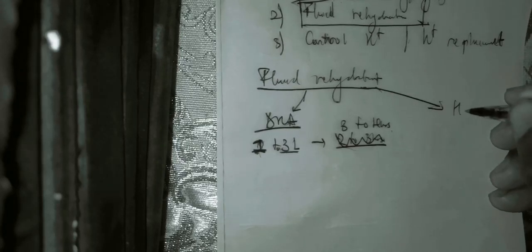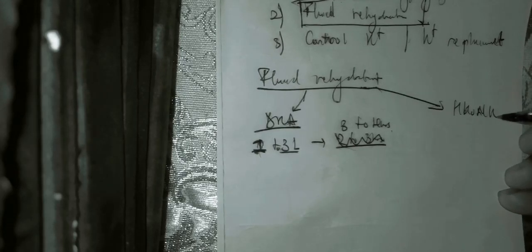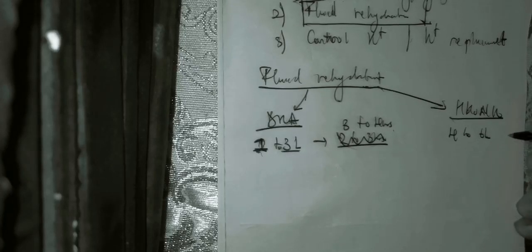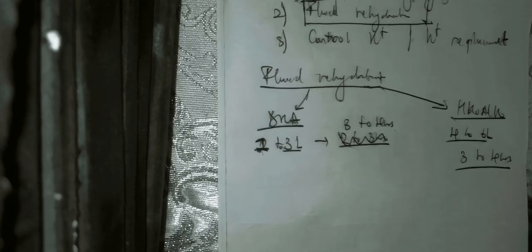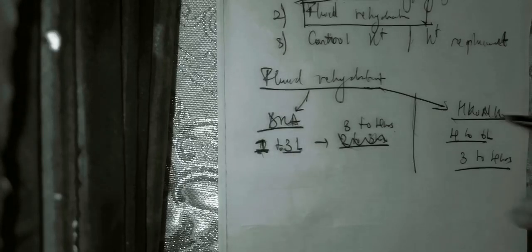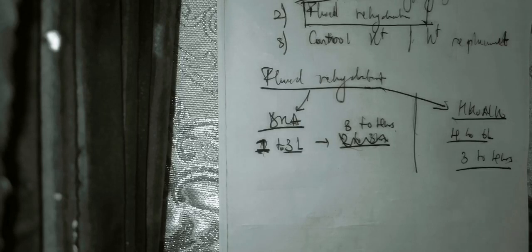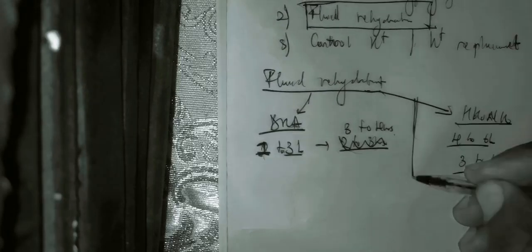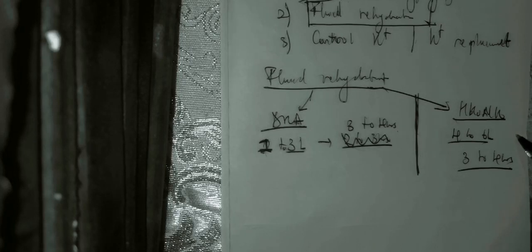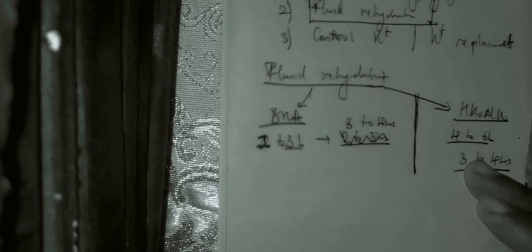And in the case of HONK, you rehydrate the patient 4 to 6 liters within the first 3 to 4 hours. So within the first 3 to 4 hours, you have to give that to the patients, for diabetic ketoacidosis and for HONK.